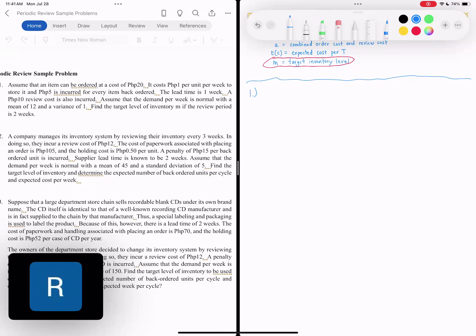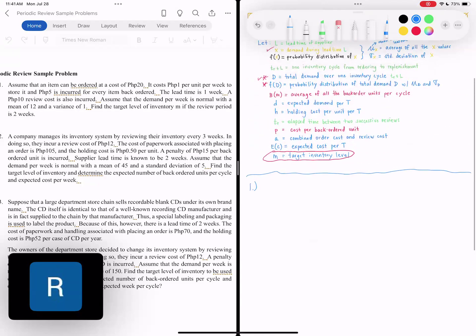So again, the first step in solving a periodic review problem is to identify the given information. Let's go line by line. Assume that an item can be ordered at a cost of 20. Again, this is not purchase cost because we don't have purchase cost in our formula. So this is obviously ordering cost.